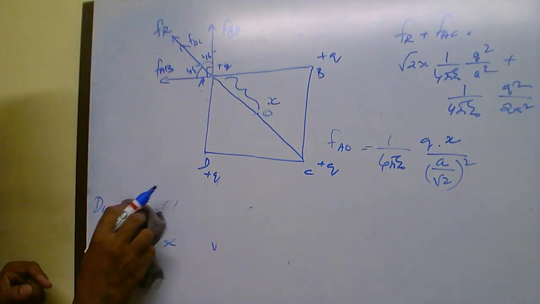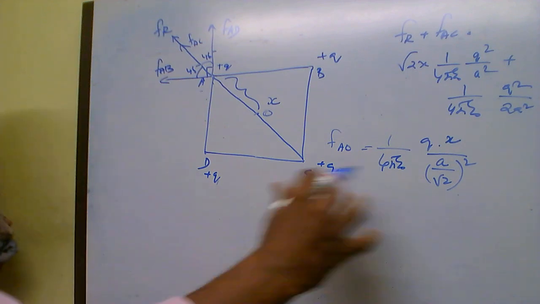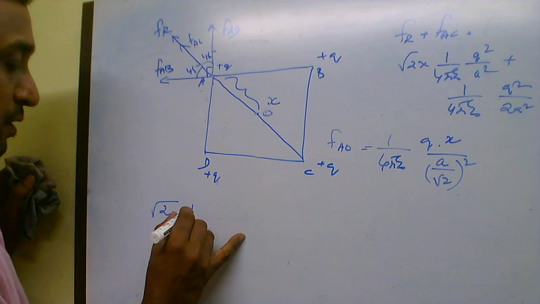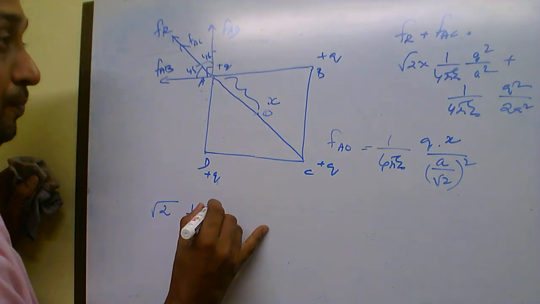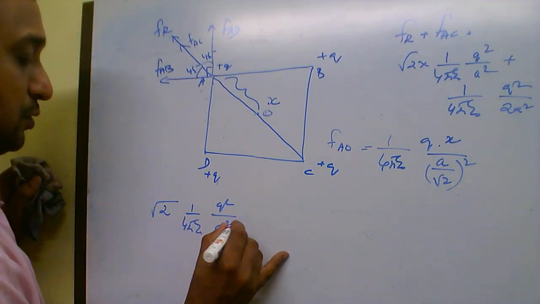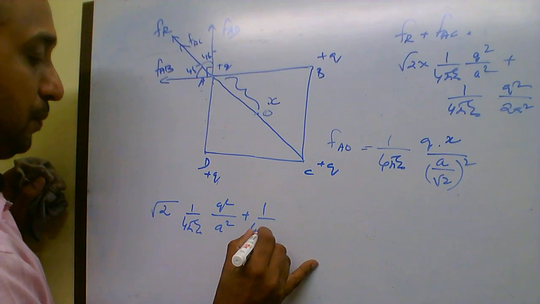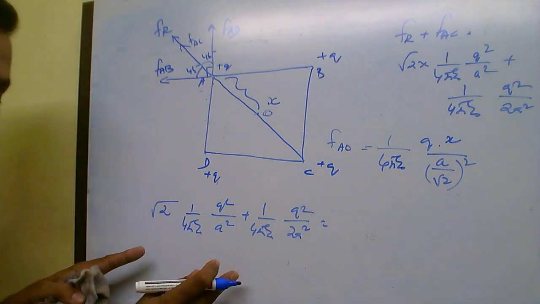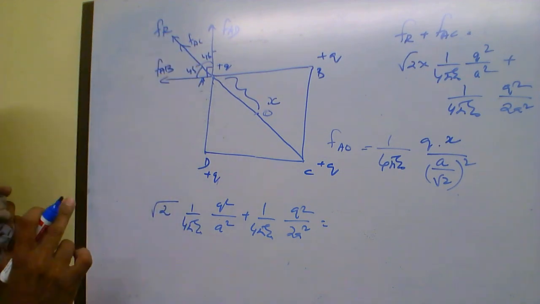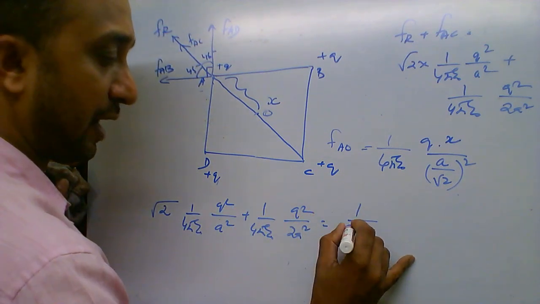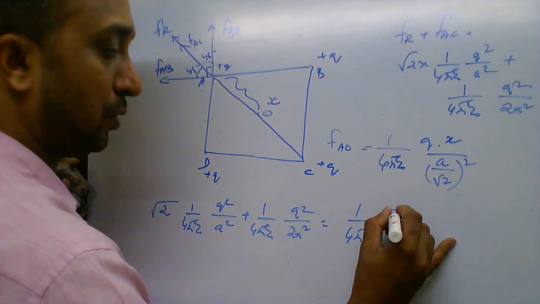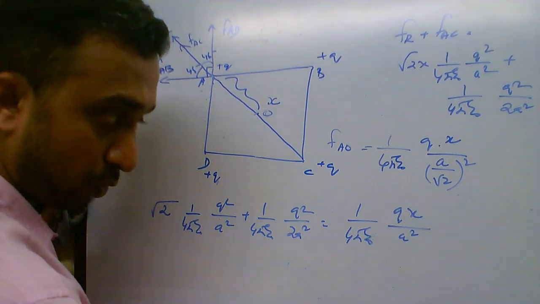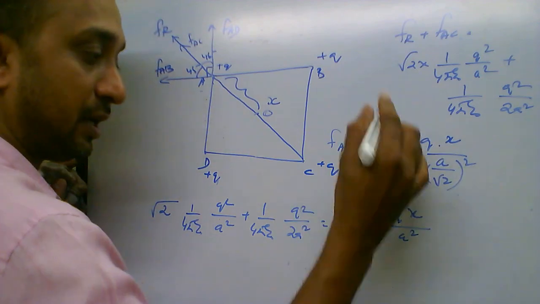So if I write them along a line, it will be root 2 times 1 by 4 pi epsilon 0 q squared by A squared, plus 1 by 4 pi epsilon 0 q squared by 2A squared. These are the repulsive forces felt by the charge at A. It should be equal to the attractive force, 1 by 4 pi epsilon 0 q into x by A squared by 2. Now A by root 2 squared becomes A squared by 2, so the 2 goes to the numerator.